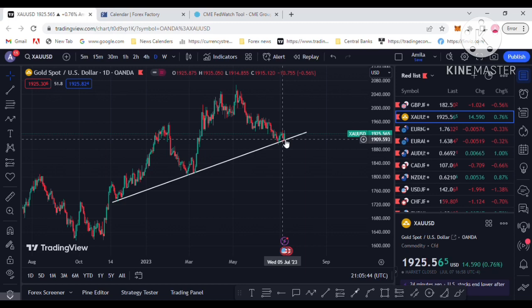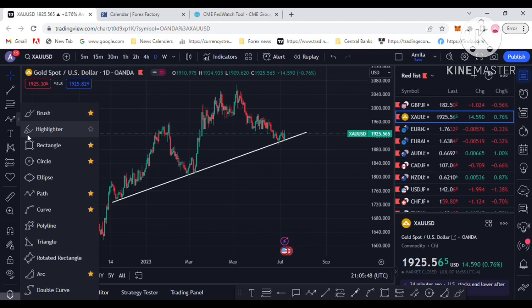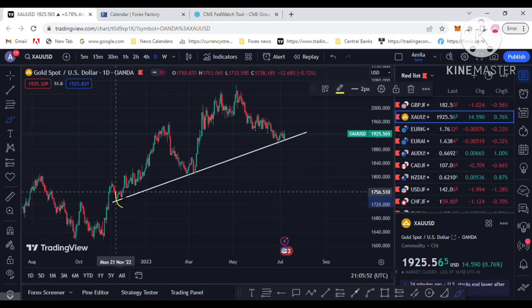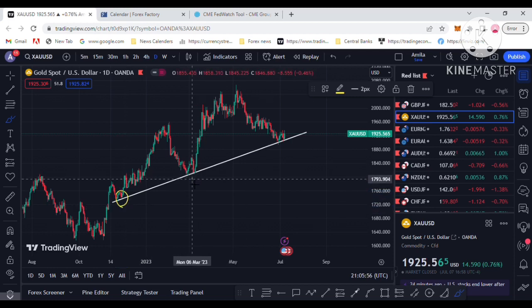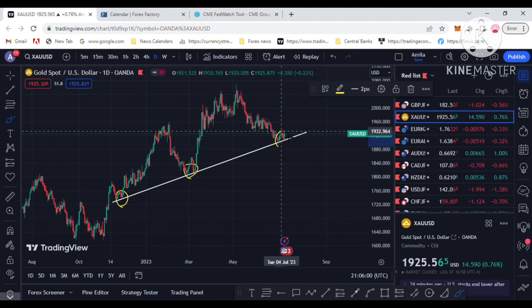This is the daily gold chart. You can see price tested these trend lines three times. The first time it made a double bottom, and the second time it also made a double bottom. Now I am hoping this is also a double bottom pattern technically.